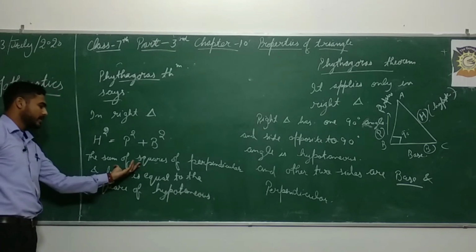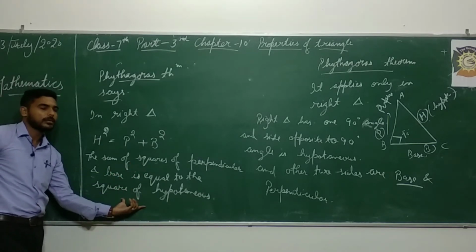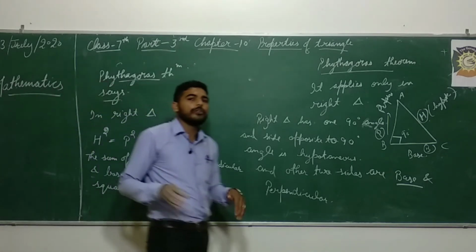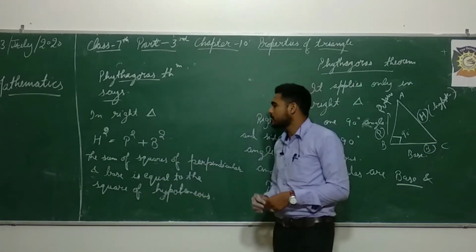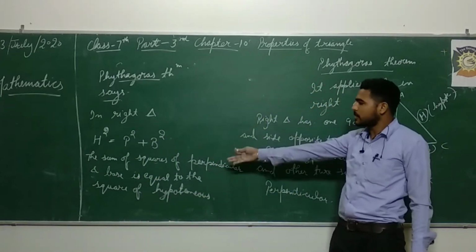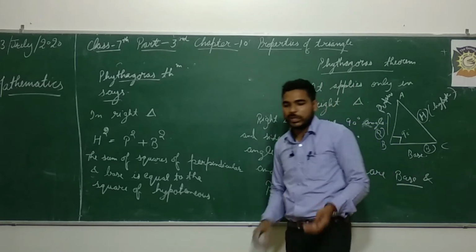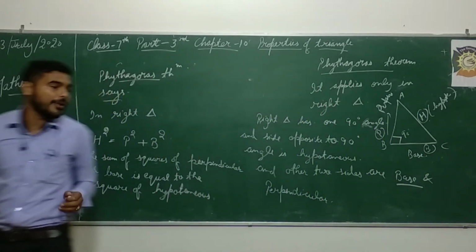It is the definition of Pythagoras theorem. Now we will discuss some more examples, or we will solve some questions based on Pythagoras theorem. So pause the video and wait.